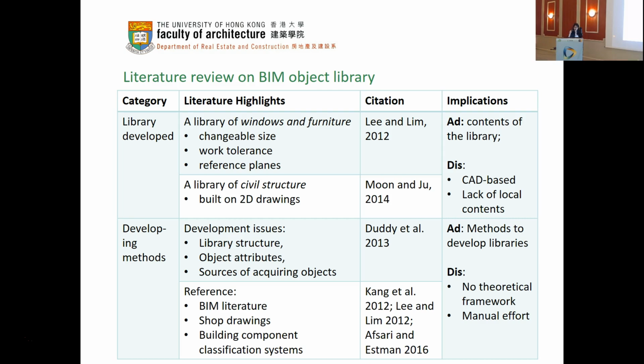Reference could also be taken from BIM literature, shop drawings, building components, and classification systems. However, we also find that there is no theoretical framework to describe the overall picture of it.